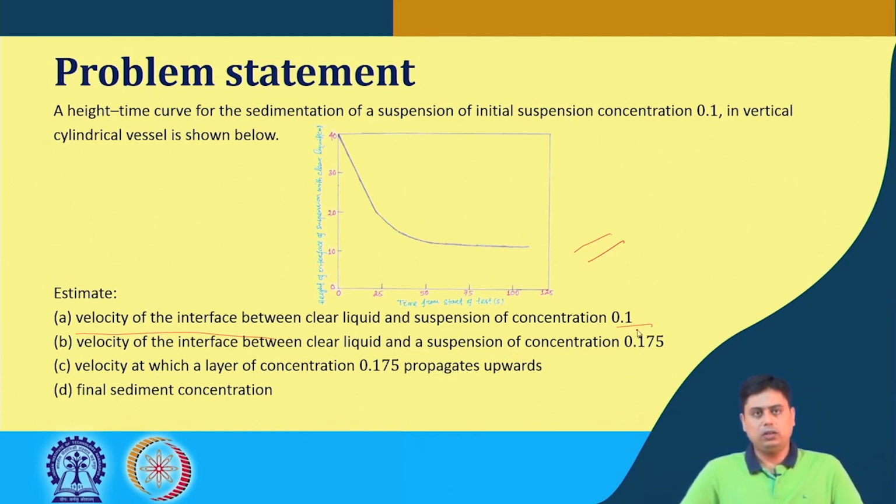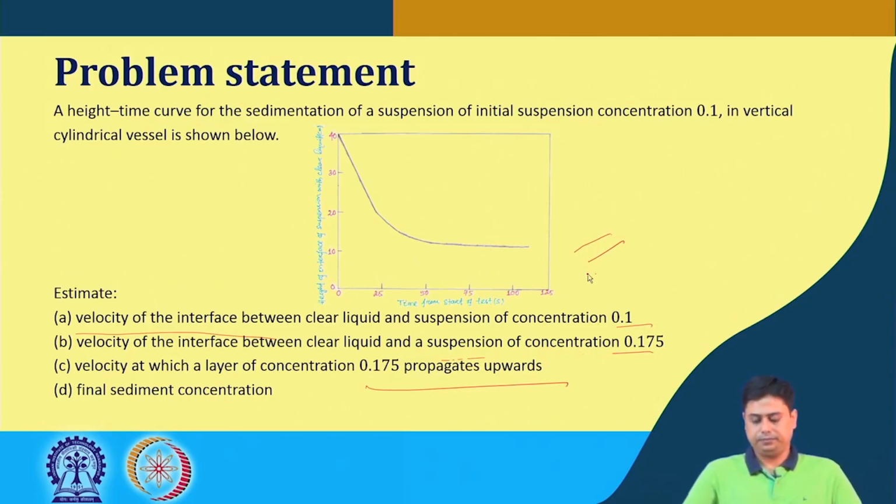We also have to find the velocity of the interface between clear liquid and a suspension of concentration 0.175, the velocity at which the layer of concentration 0.175 propagates upward, and the final sediment concentration. These things we have to find out from this curve.